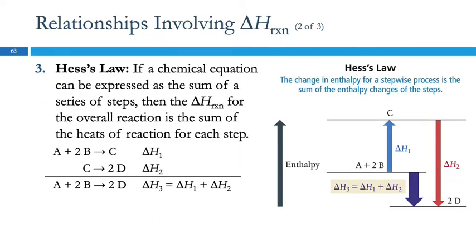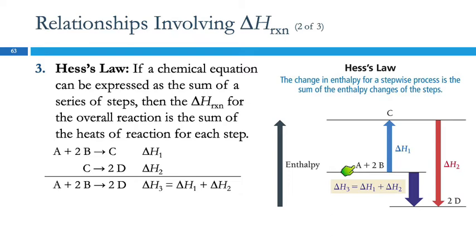And then there's Hess's law. So if we can express the chemical equation as the sum of a series of steps, then delta H for the overall reaction is the same as the sum of the heats of reaction for each step. So we're looking here at A plus 2B making 2D.